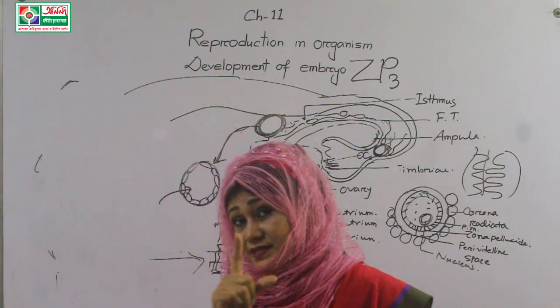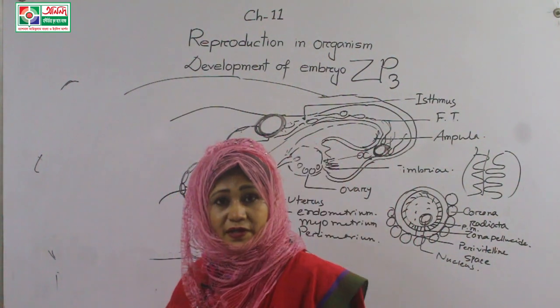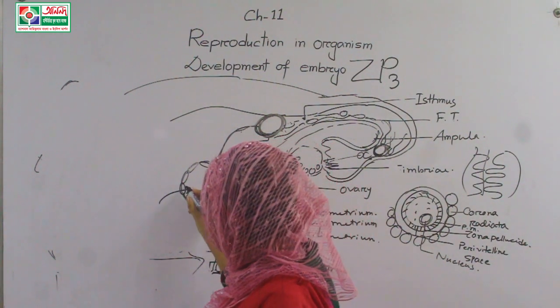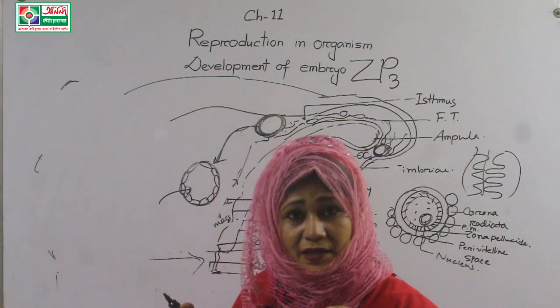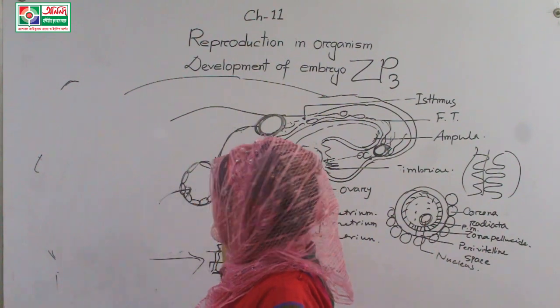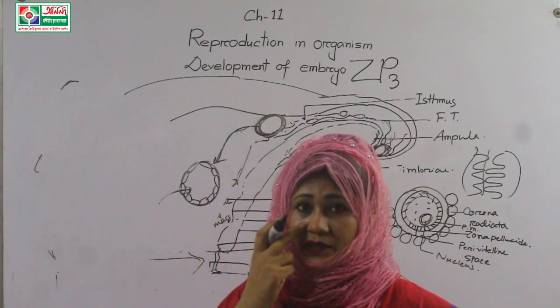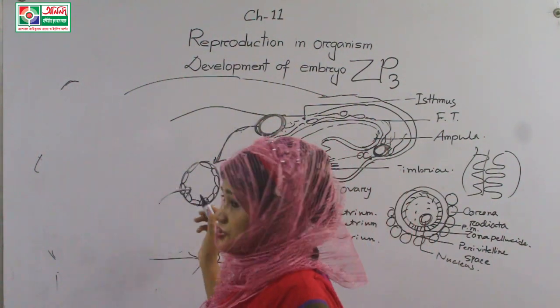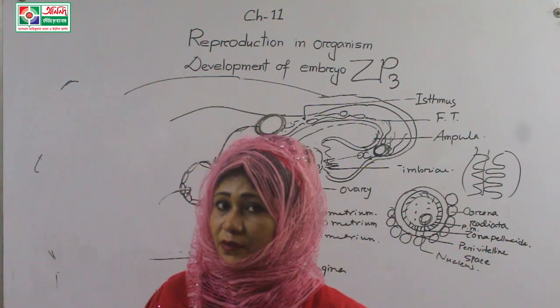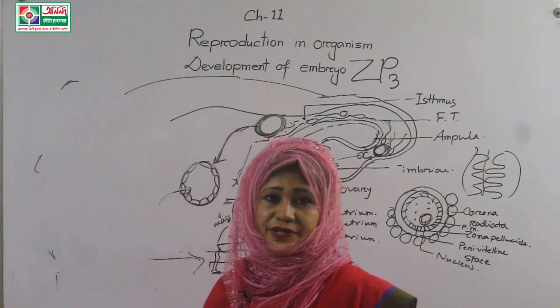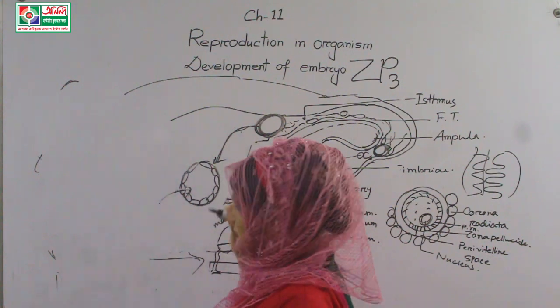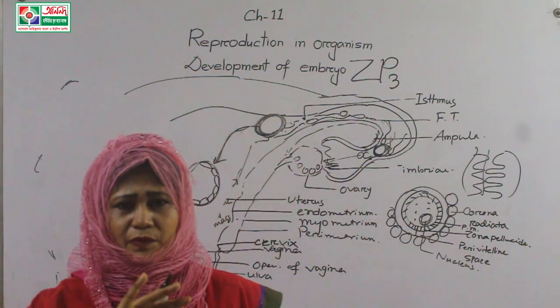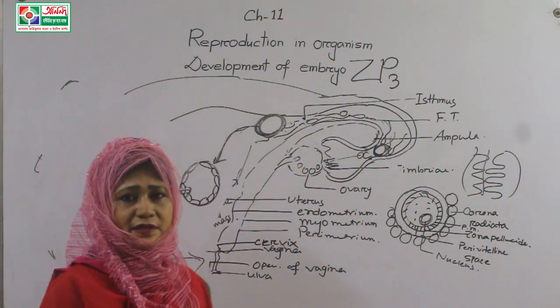Mind it, as it is cleavage, the cells become smaller in size, but the overall size becomes larger due to the deposition of nutritional fluid from the uterine cavity, and the cells are arranged in two proper layers.